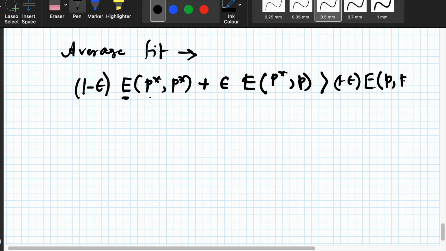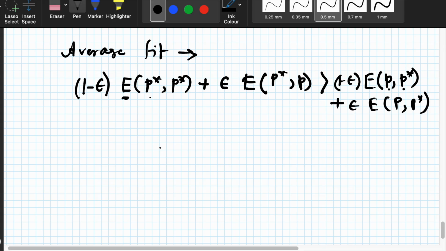With 1 minus epsilon probability, a mutant will interact with the native population, and with epsilon probability it will interact with other mutants. Since epsilon is very small, the mutation is very rare.